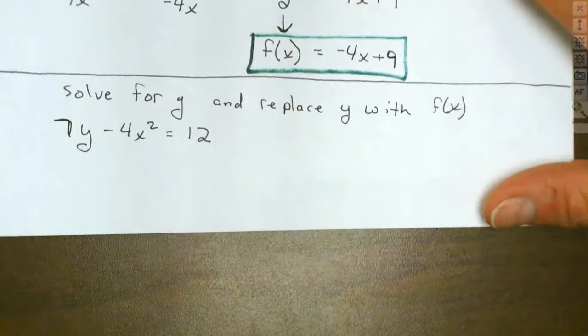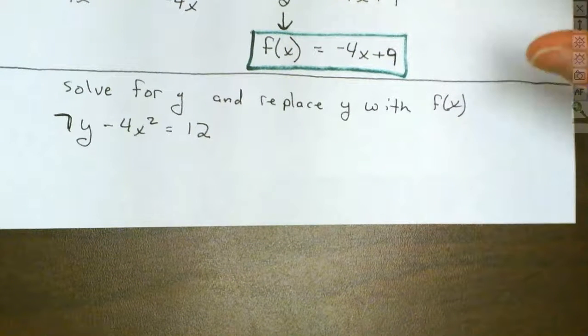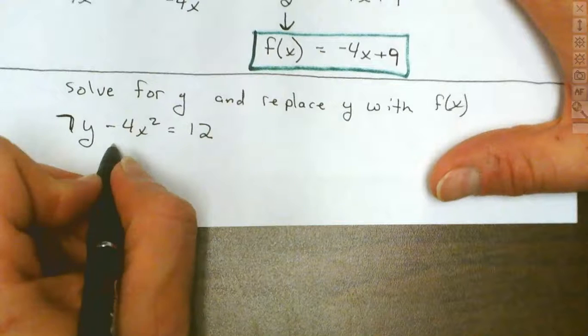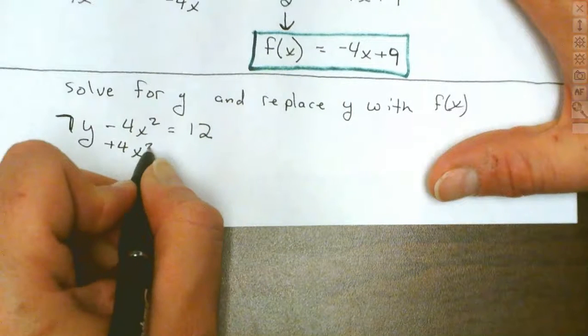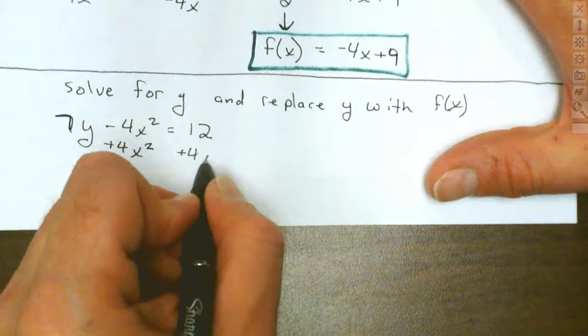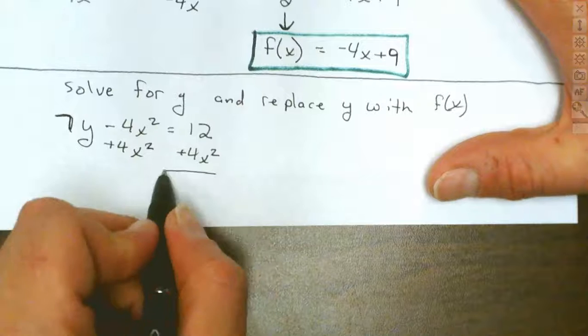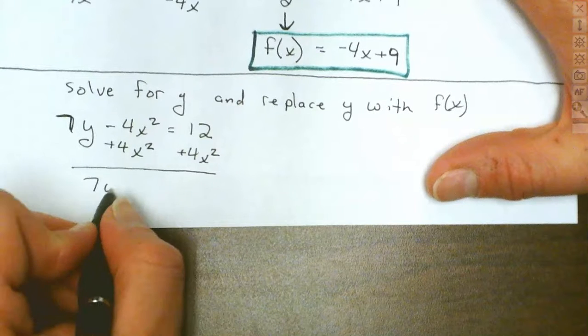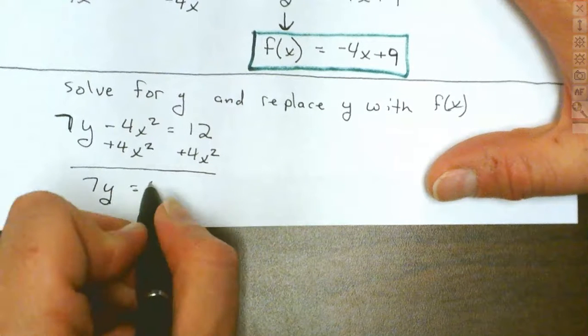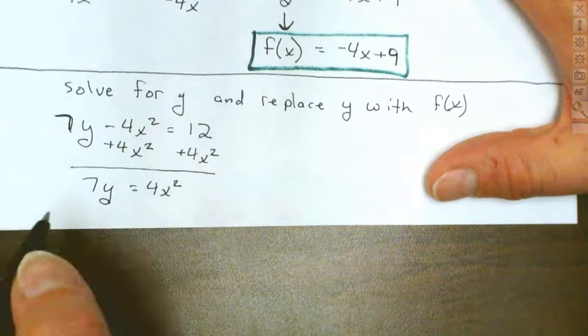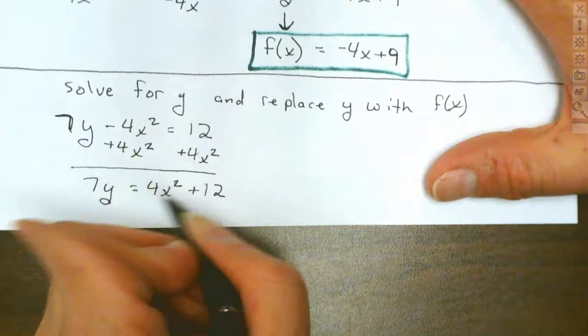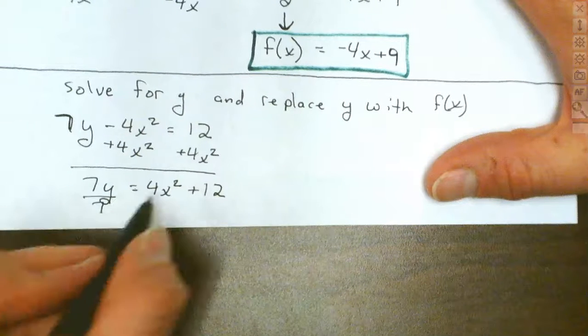Now, what do our directions say? Solve it for y. So go ahead and add that 4x squared over. And now we've got 7y equals 4x squared plus 12. We'll divide by our 7.